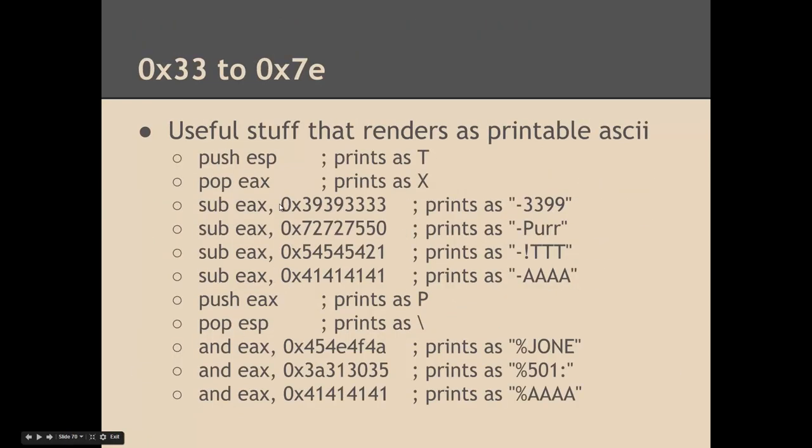So you could have anything after sub here, as long as it's the full 4 bytes if it's a 32-bit system, because if you just had sub EAX and then 20, that's going to be minus 3 bytes that aren't ASCII and then a space, because 20 is the hex value for space in ASCII.